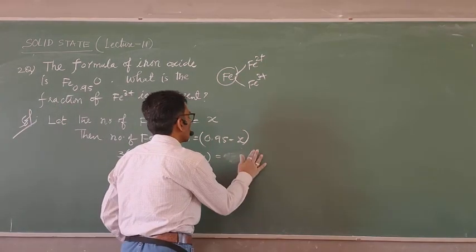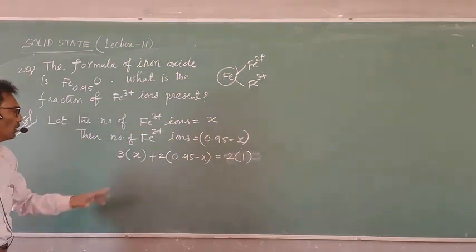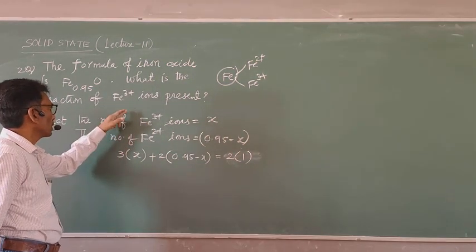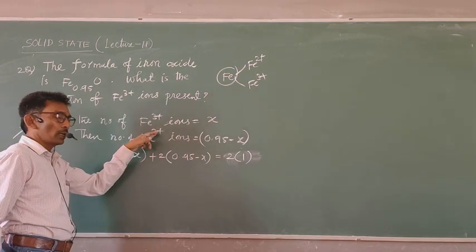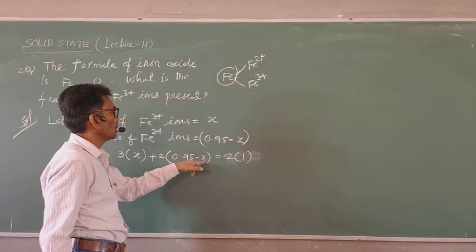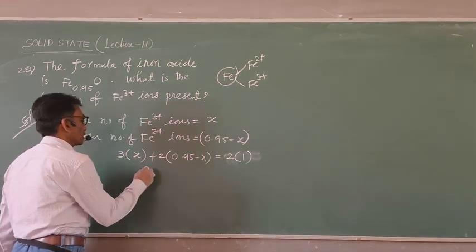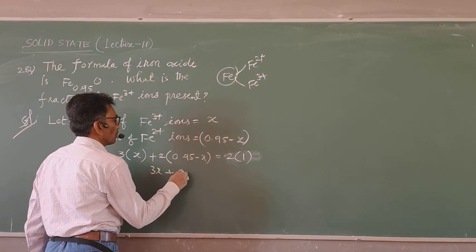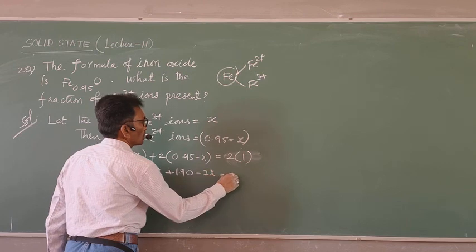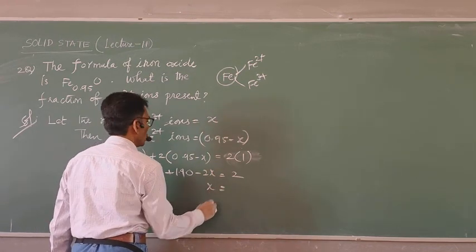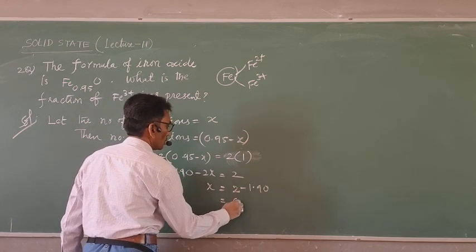I would like to write like this: 3 units of charge in Fe3+ ion into x number, 2 units in Fe2+ ion with the number 0.95 minus x, and 2 units of negative charge of 1 oxygen. Then 3x plus 1.90 minus 2x is equal to 2. x is equal to 2 minus 1.90, that is 0.1.